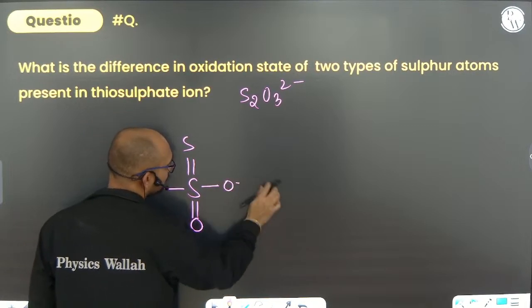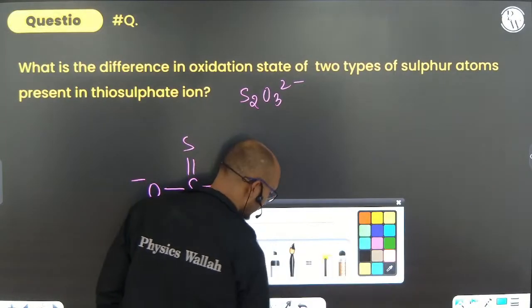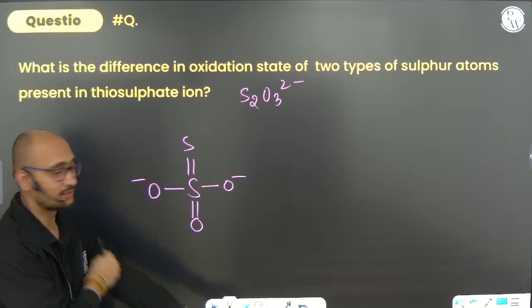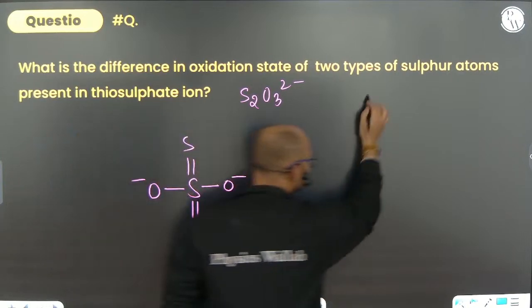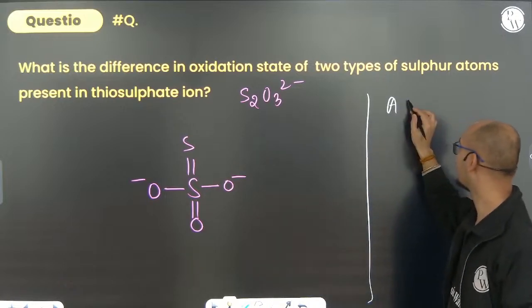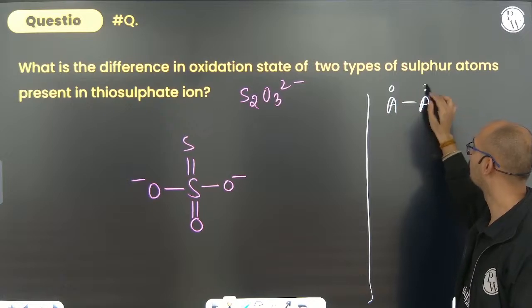Because there are few rules for this charge, or you can say for oxidation state, oxidation number, there are few rules. Always remember, if let's say A, if same atoms are there, both of them will have the same oxidation number.